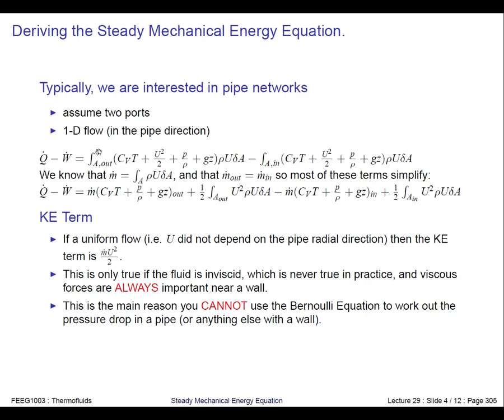This is my energy flowing out of my pipe, and this is my energy flowing in. We know that the mass flow is the density times the velocity times the integral over the area, generally. We're not assuming it's inviscid here. And we know that the inflow and the outflow are the same due to mass conservation.